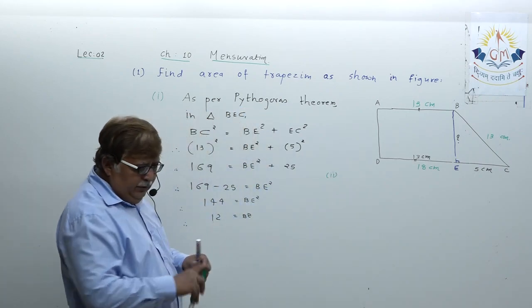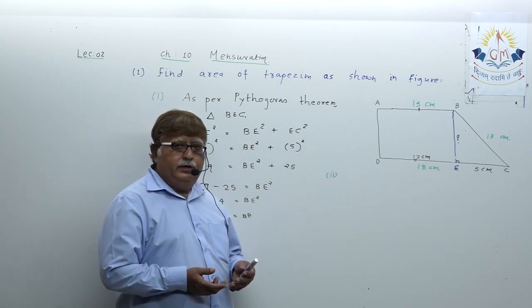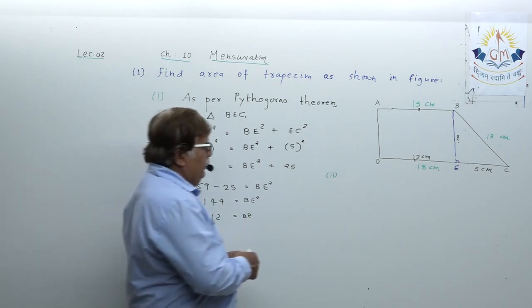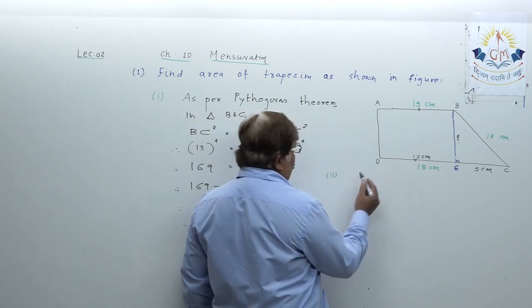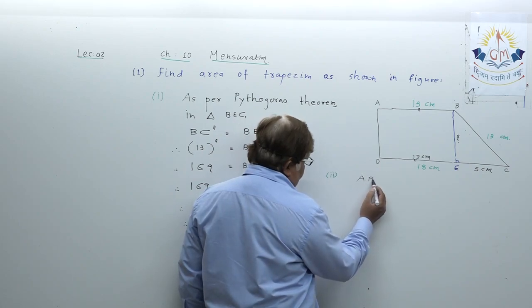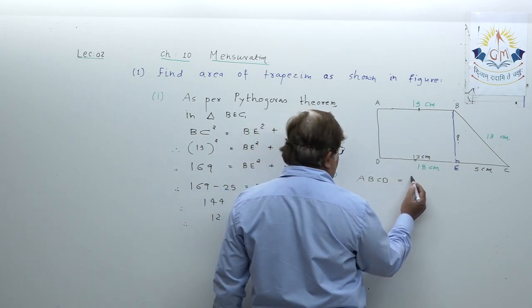Now dear student, as you got your required altitude, the second step is simple: just find the area of trapezium. Okay, let us write area of trapezium ABCD. What is the formula, you know?